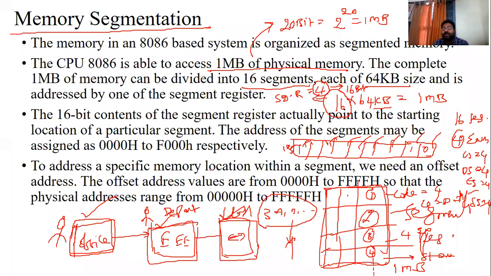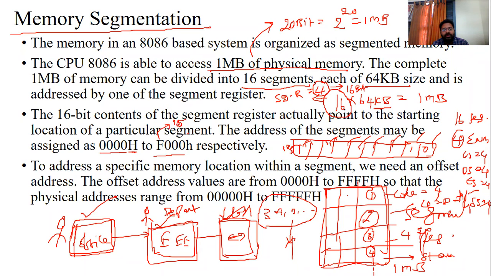What are the segment addresses? The segment addresses start at 0. H means hexadecimal, because the microprocessor only understands hexadecimal language. F means 15, remember.